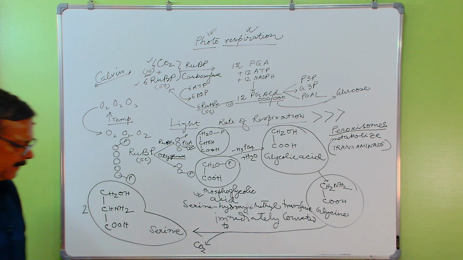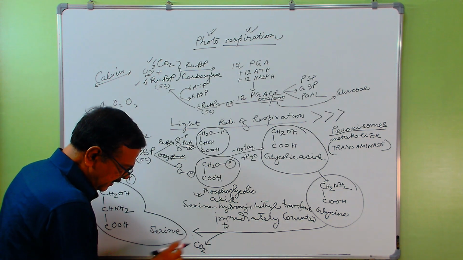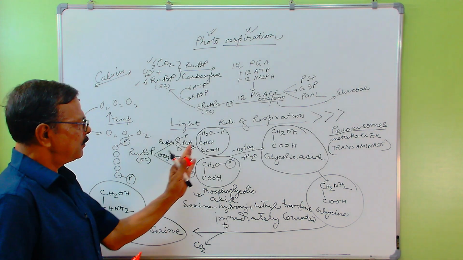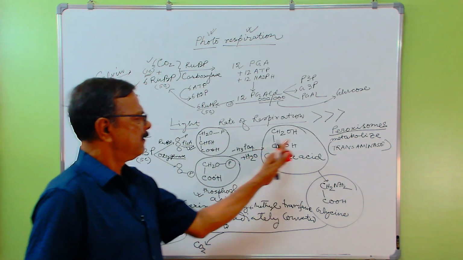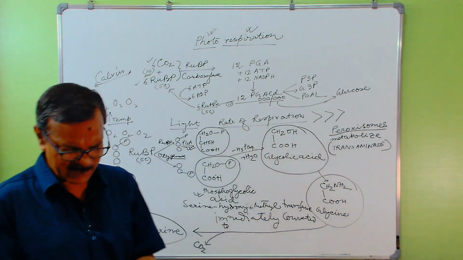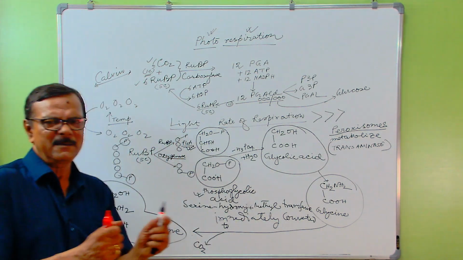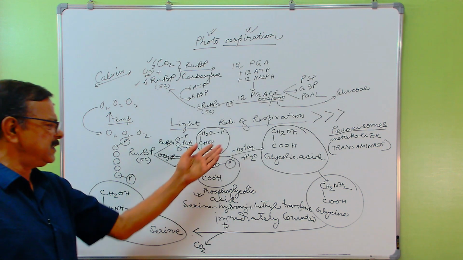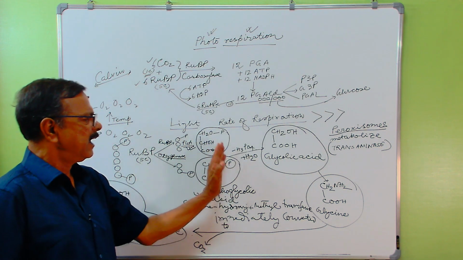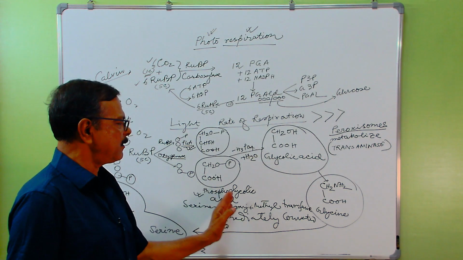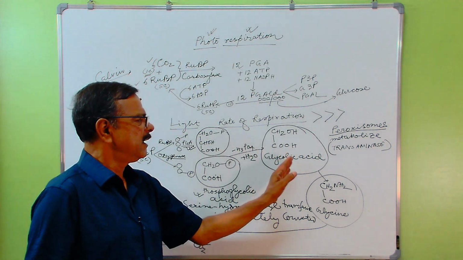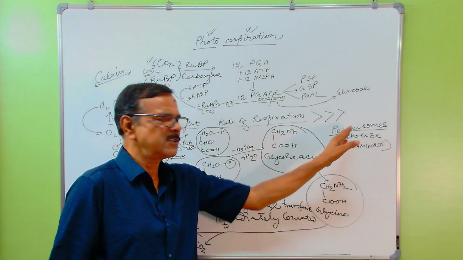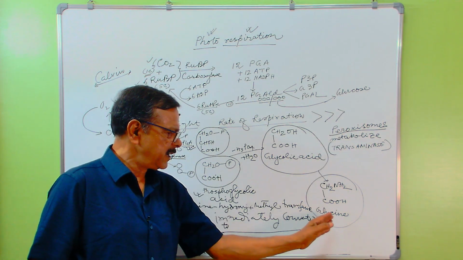Our main target, you see, this is very important to note. You do not need to write the formula. This formula is just to understand. Simply you can write RuBP is converted to PGA and phosphoglycolic acid, and then phosphoglycolic acid is converted to glycolic acid. Then with the help of transaminase, with the help of the peroxisome in the cell, it is converted to glycine.